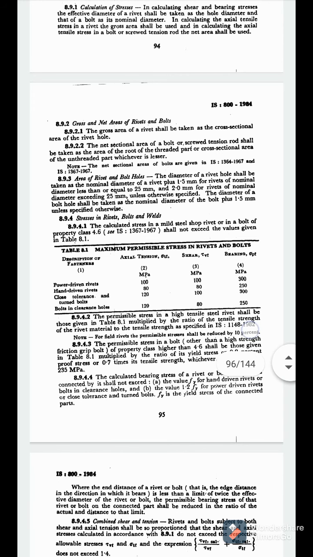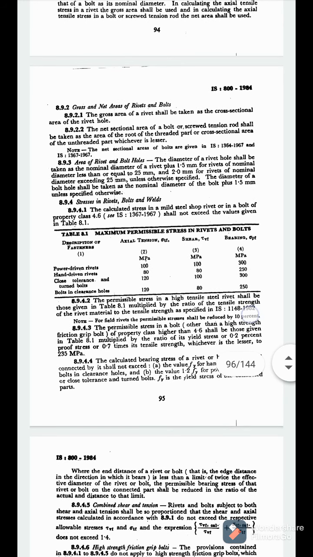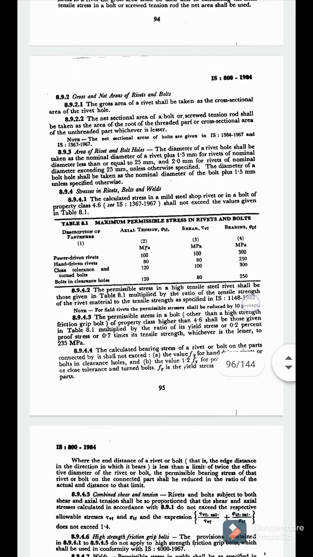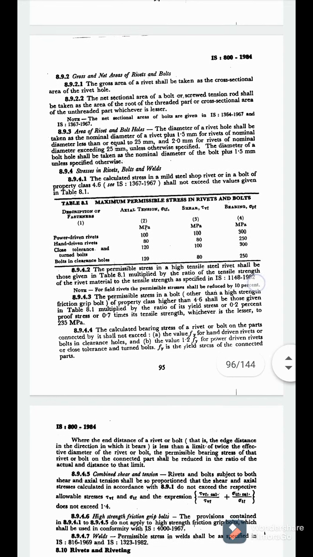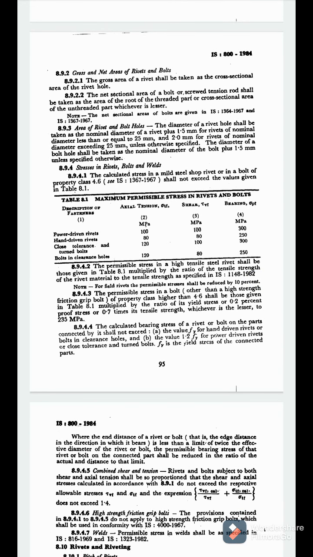Clause 8.9.4, that is the stresses in rivets, bolts and welds. Now the maximum permissible stress in rivets and bolts. For power driven rivets, axial tension is 100.